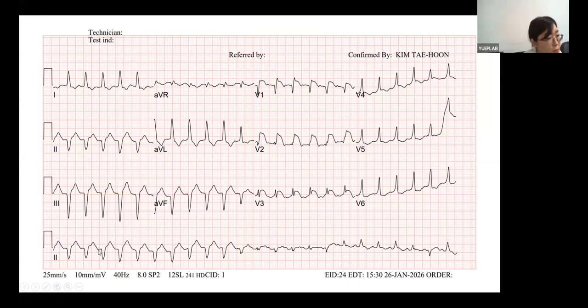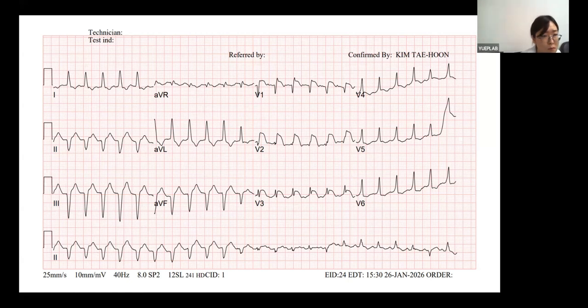There's one here, one here, another here. So I think there's an element of AV dissociation as well, together with this broad complex tachycardia. Intrinsic deflection looks a bit prolonged, not so great, but I think it's a little prolonged.